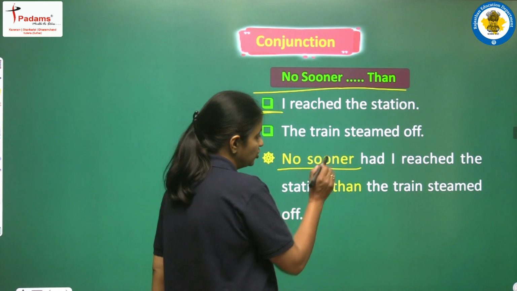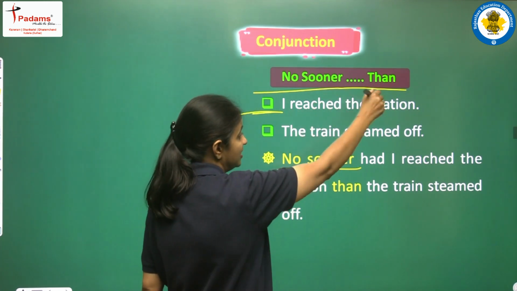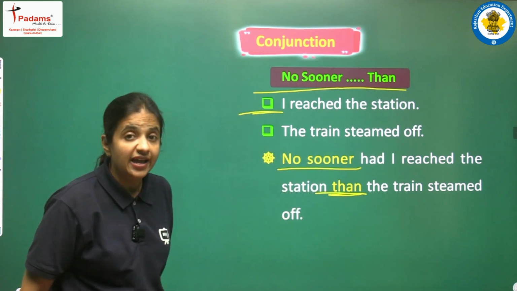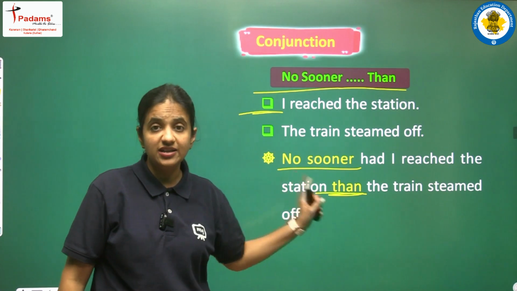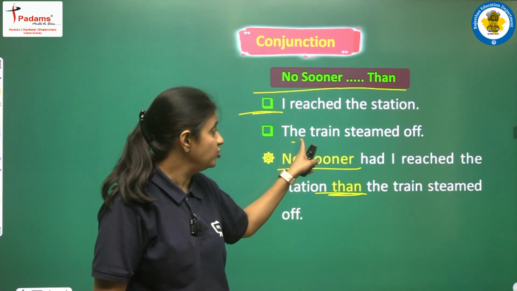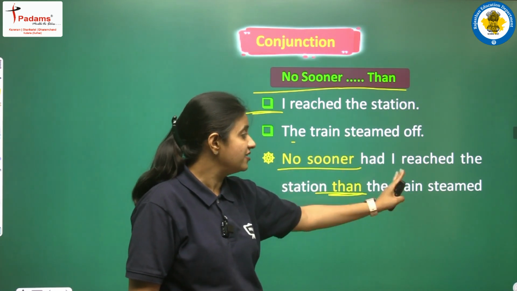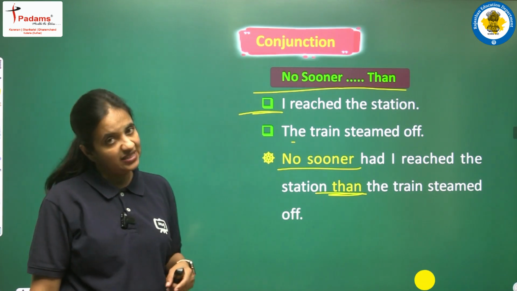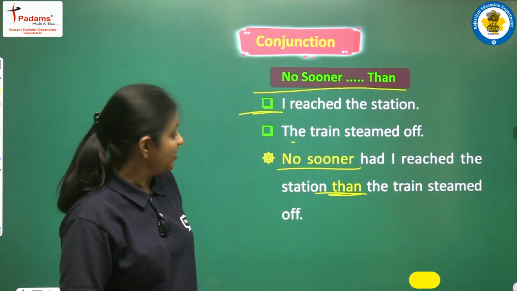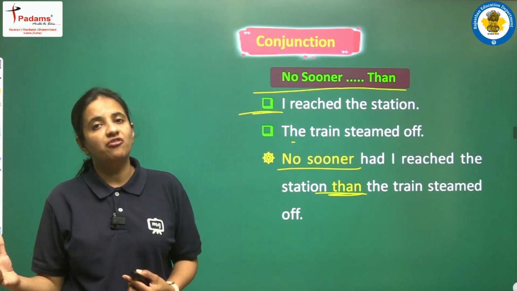So the sentence will be: no sooner had I reached the station, and then we have to use the second word, that is than. Here students, be very careful that we are using than here, and after than we have to use the second sentence, that is the train steamed off. In this manner the complete sentence will be: no sooner had I reached the station than the train steamed off. Okay.